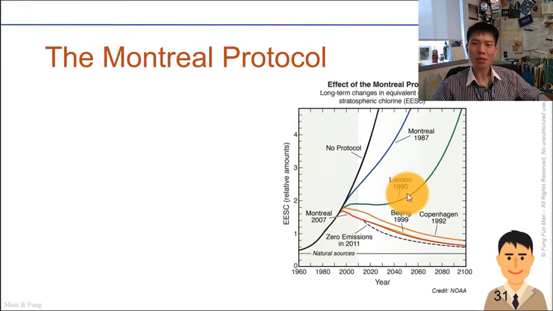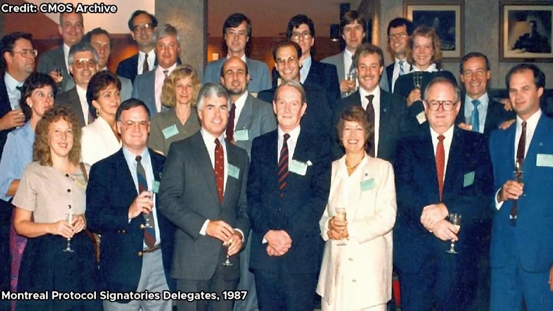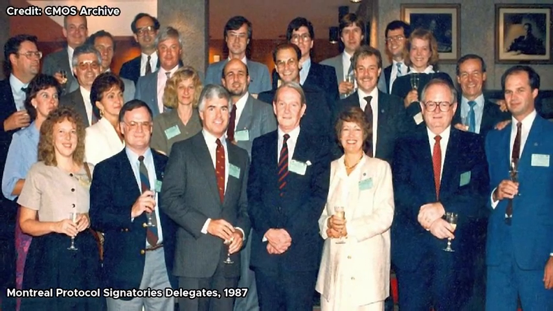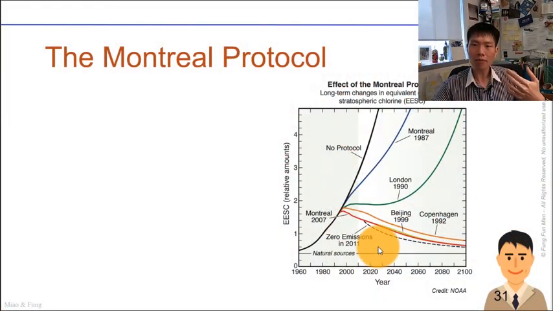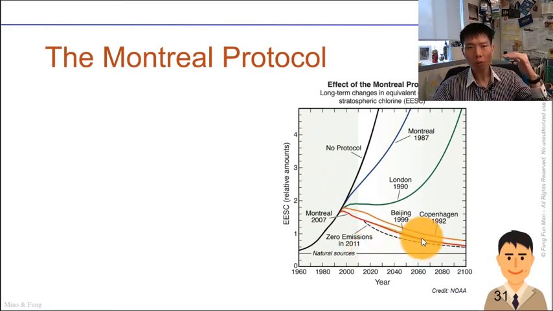It was signed on August 26, 1987, and it was pursued after a meeting in 1985 in the Vienna Convention for the protection of the ozone layer, where they set up the framework for international cooperation to address ozone depletion. Once it was signed in 1987, it took about 2 years to enter into force for the respective states to execute it.